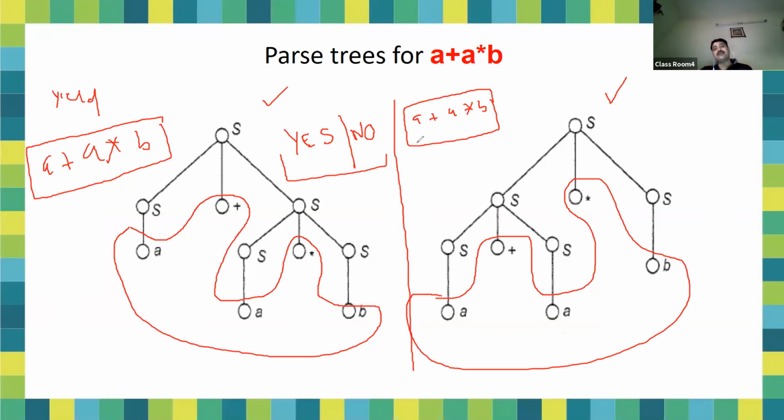So how can we explain the reason? Simply try to write two leftmost derivations for the same string. Then you can write in the explanation that we have more than one leftmost derivation for the same string. That's why the given grammar is ambiguous.